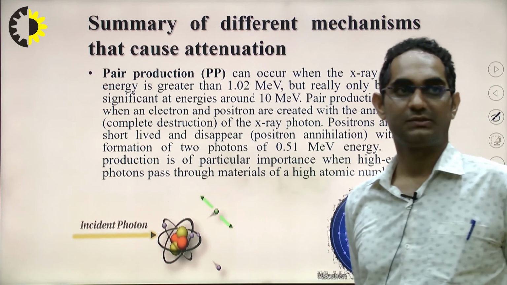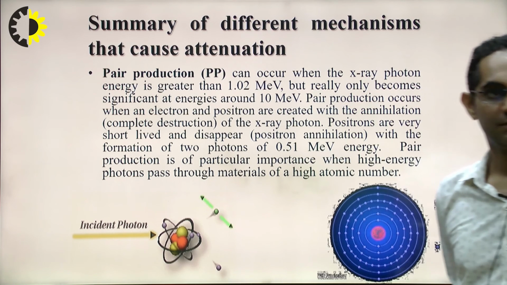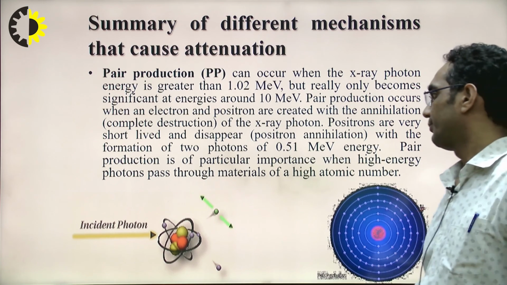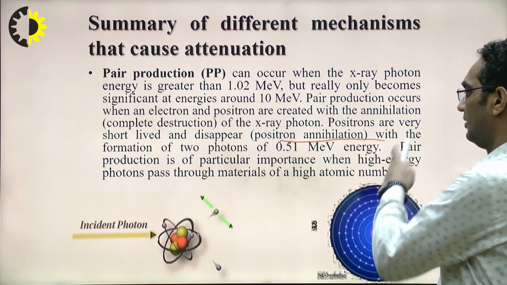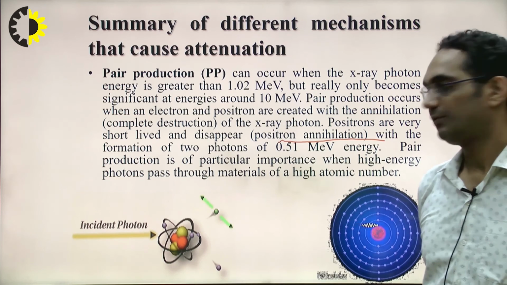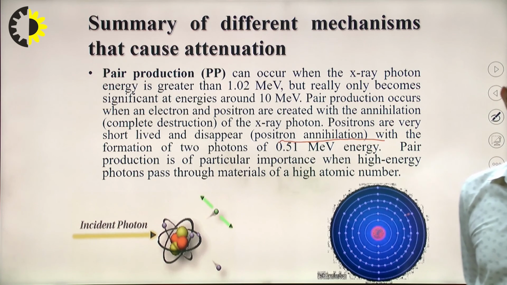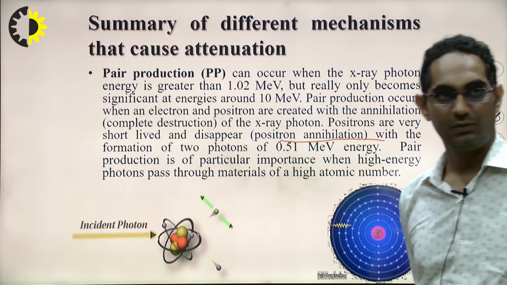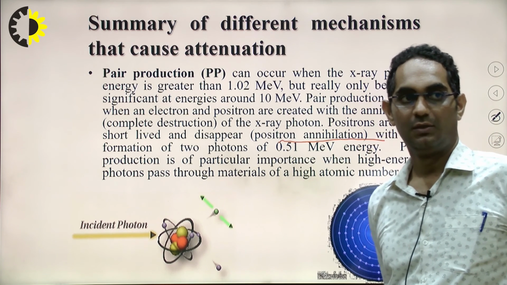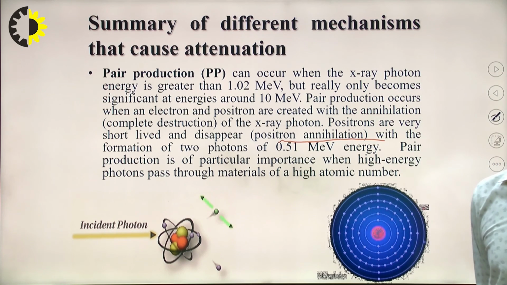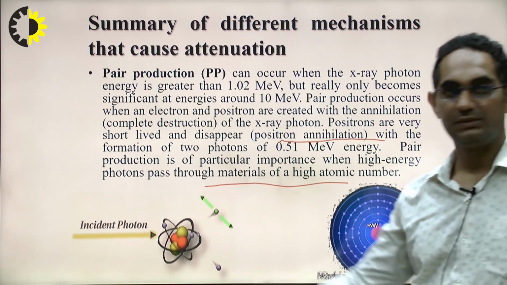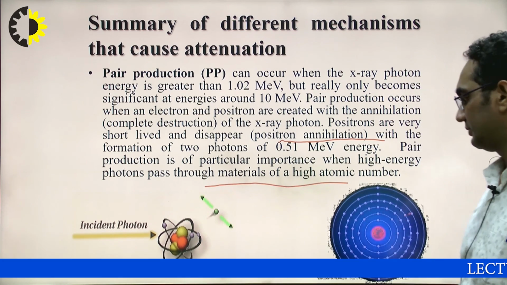Positrons are very short lived and disappear, with positron annihilation forming two photons of 0.51 MeV energy. Pair production is of particular importance when high energy photons pass through materials of high atomic number. So this is the incident photon, and it gets split up.